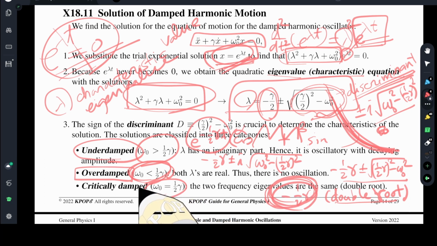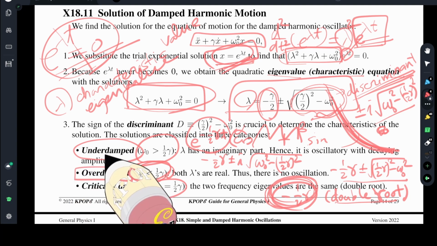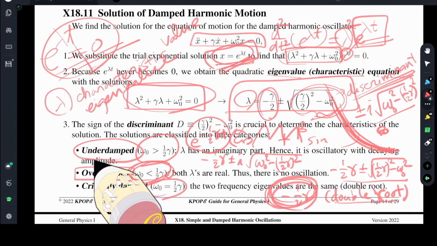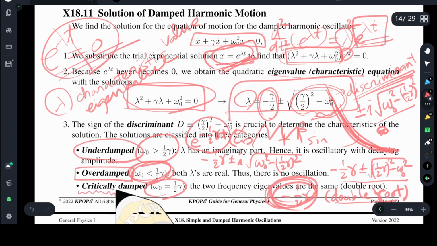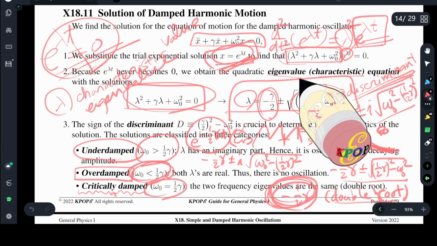Anyway, it is marginally on the border between the underdamped and the overdamped. That's the reason why we call it critically damped motion. So there are three classes, three kinds of solutions.